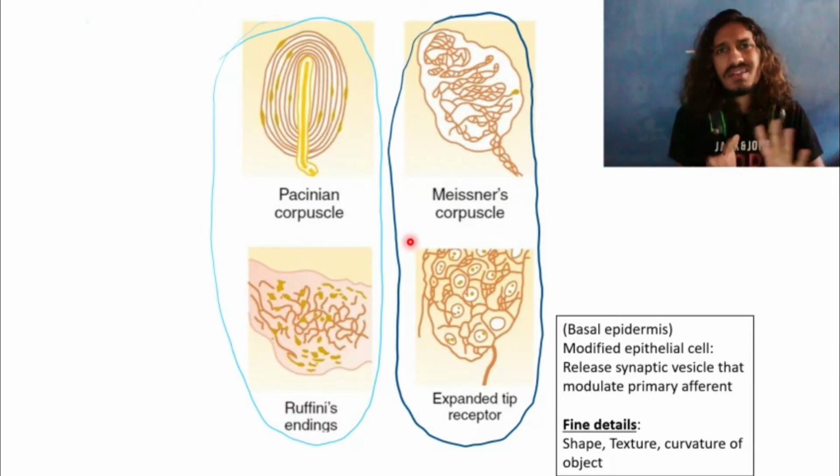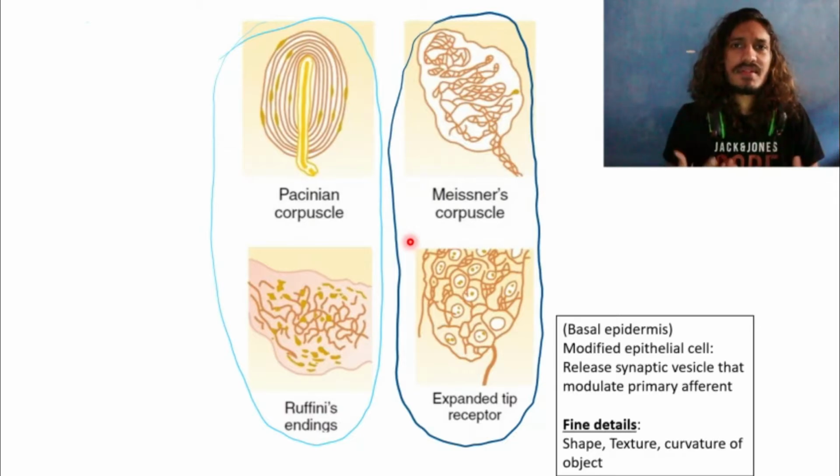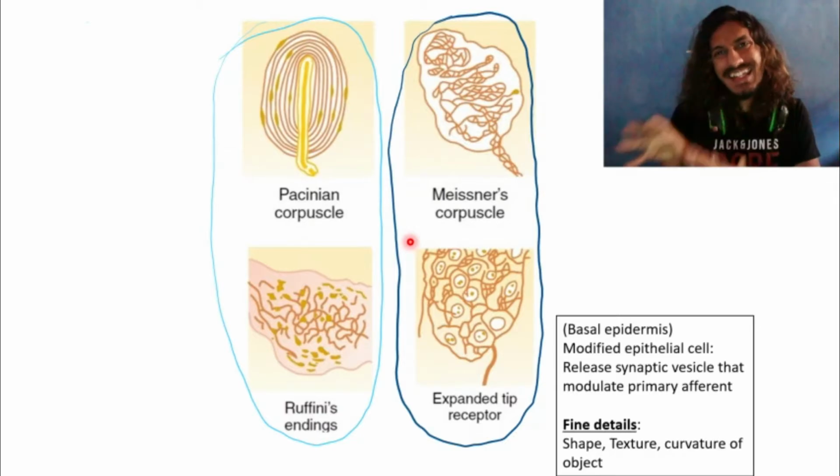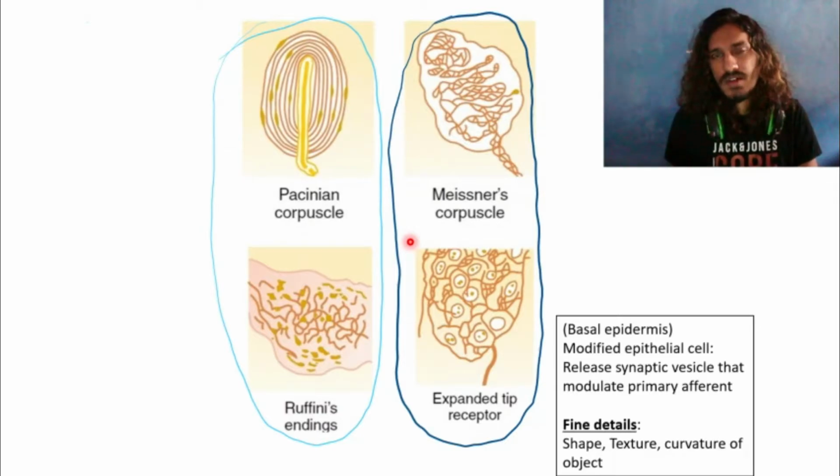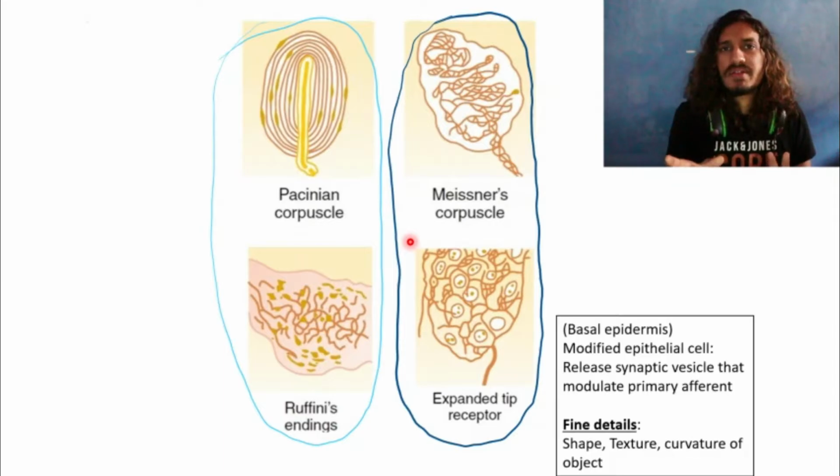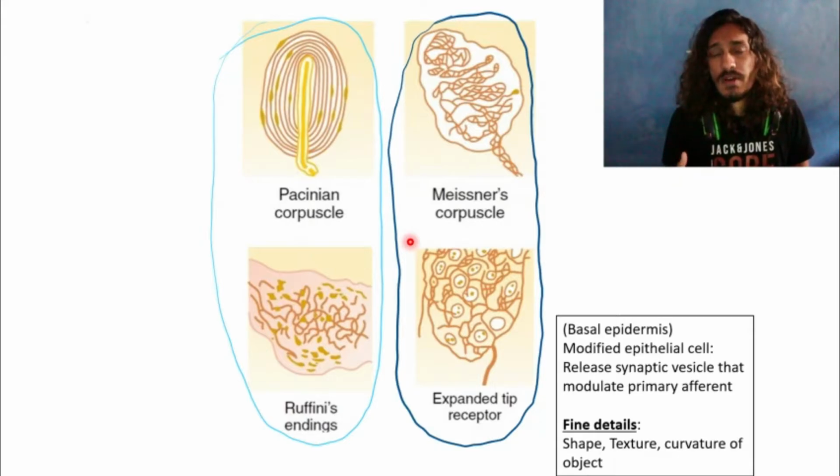Generally, synaptic vesicles and neurotransmitters are present in nerves. But in certain parts of your body, you have some modified cells which can hold neurotransmitters in synaptic vesicles. One example is here in your Merkel's cell.